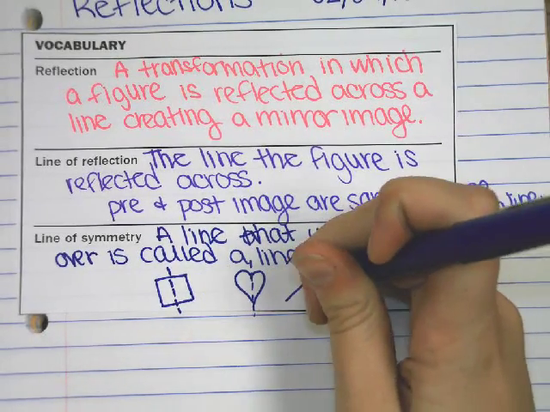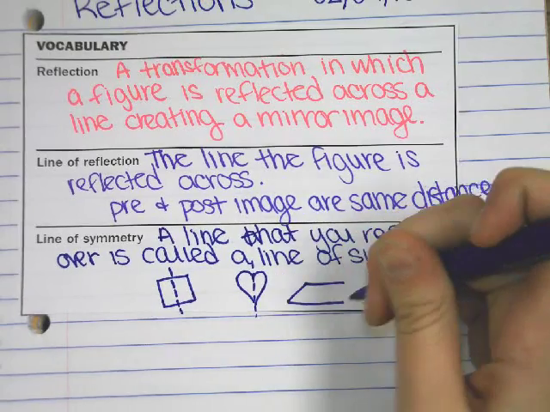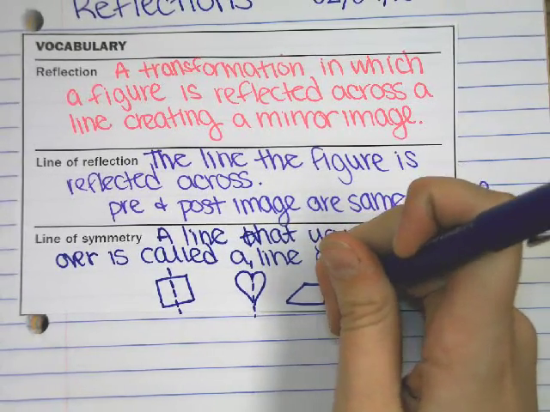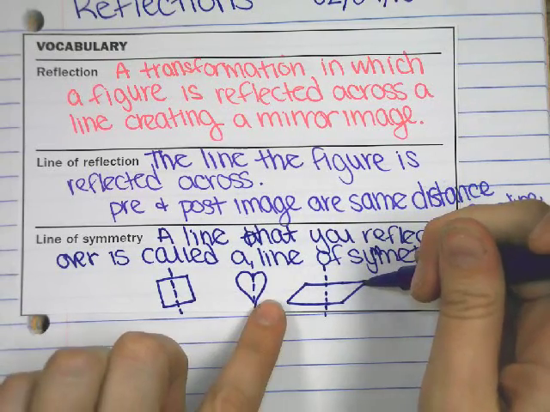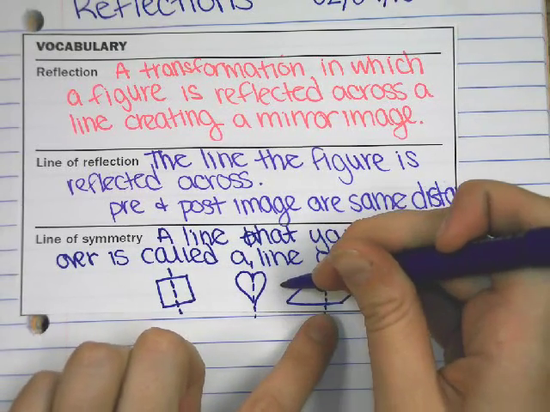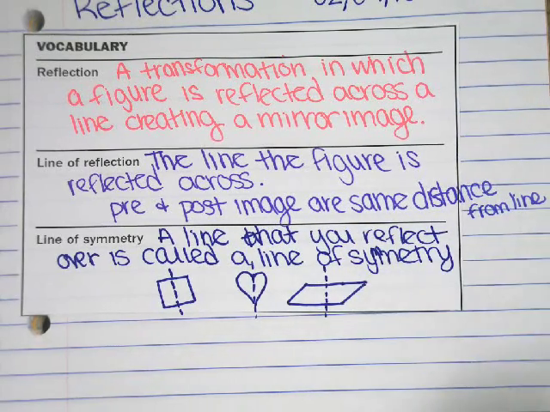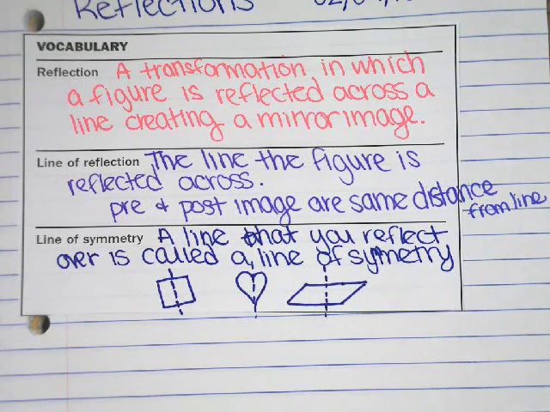But let's say I took something like a parallelogram, and I tried to draw a line of symmetry like this. Well, this point, if you folded it right along that line, this point would end up over here. It wouldn't line up with the bottom of the image. So it's a line that you could fold across, and then your line lines up on both sides.